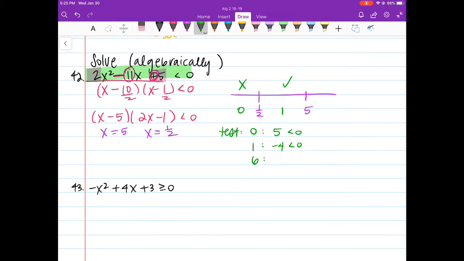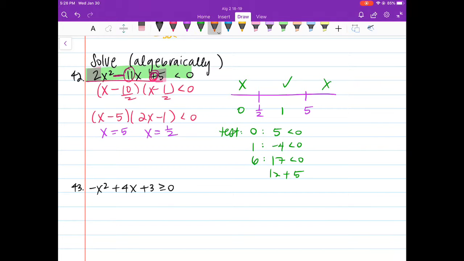I have 6 squared is 36 times 2 would be 72 minus 11 times 6. So 72 minus 66, we are up to positive 6, plus 5 would give us positive 11. Is that less than 0? Nope. So that means I don't want to shade in that final region to the right.